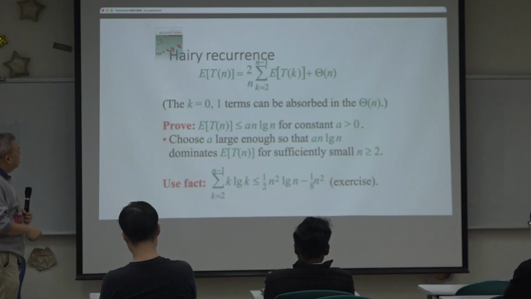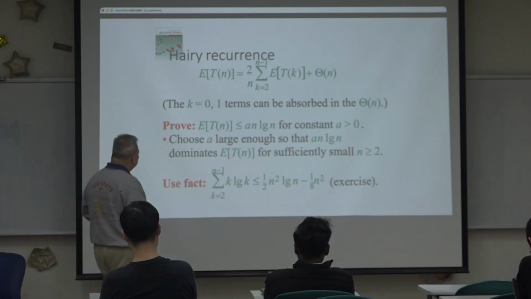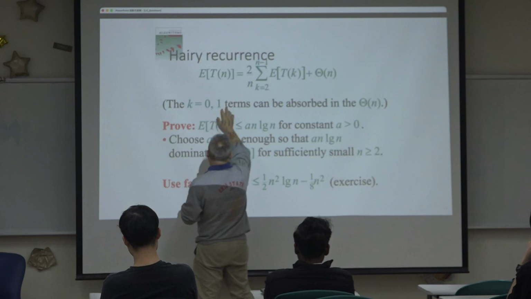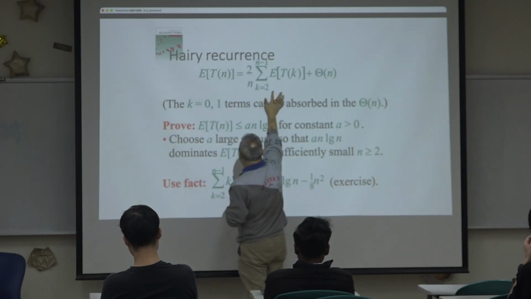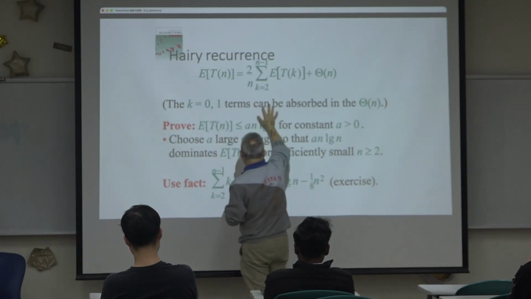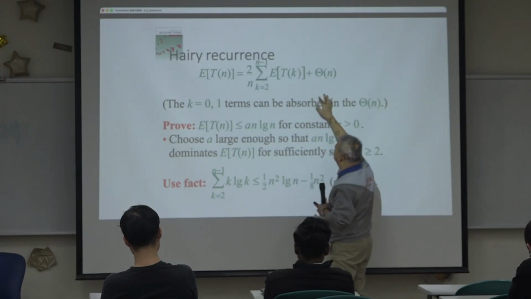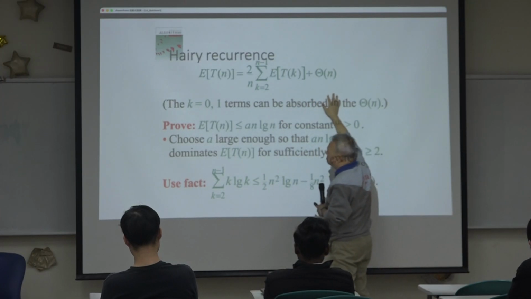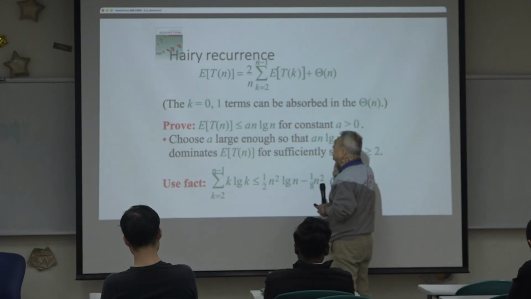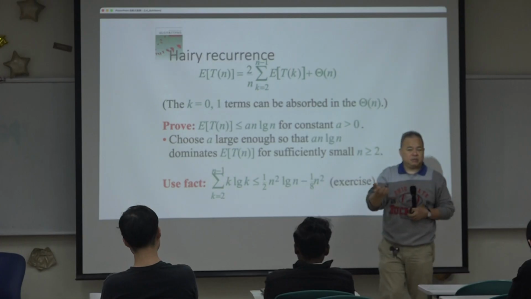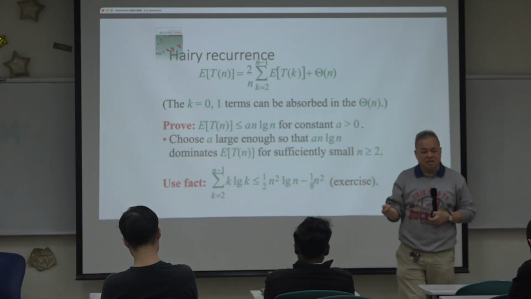And here, we explicitly say that these two terms, k equal to 0 and k equal to 1, we can just assume they will be solved by theta, because P0 and P1 are usually just like a constant.